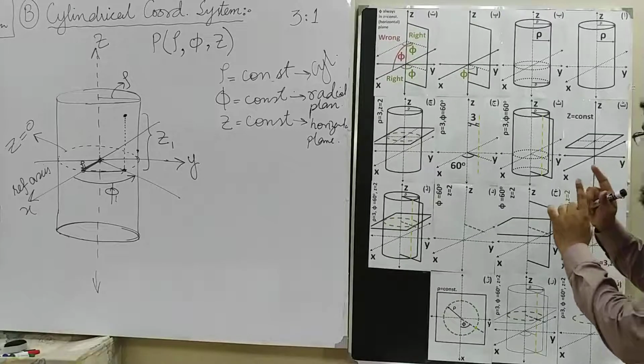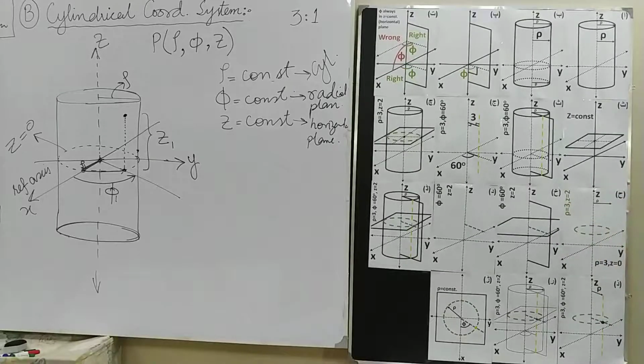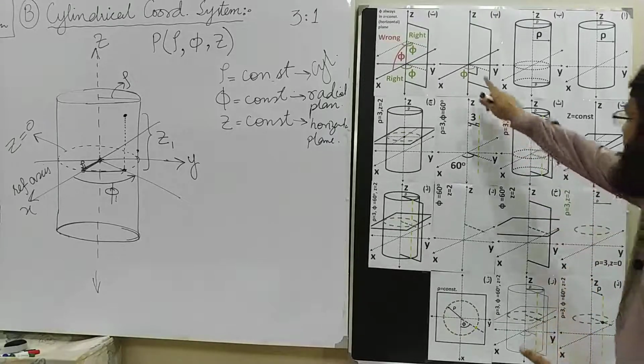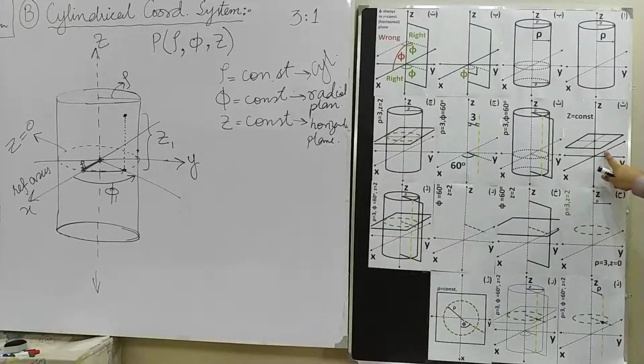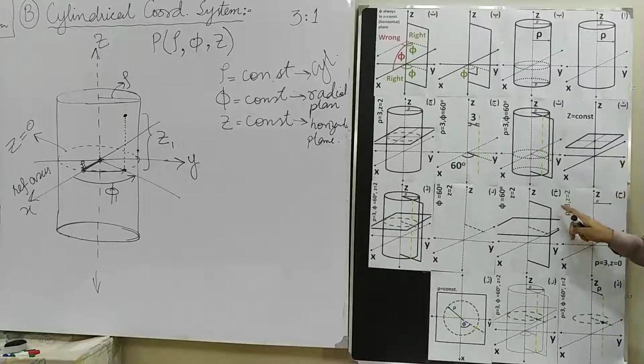Now the third combination would be the intersection of phi equals constant and the z equals constant plane, which is given in figure K. You can see that this is the horizontal plane.